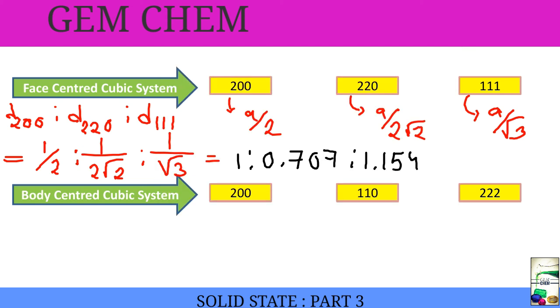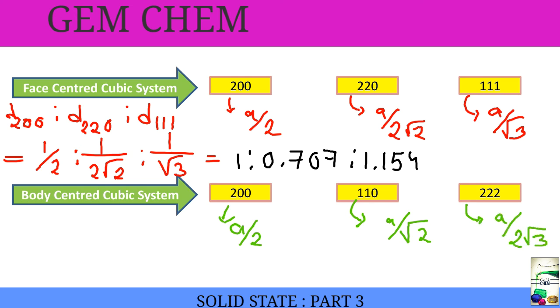Next we will do the body centered one. The planes are 2 0 0, 1 1 0 and 2 2 2. So the distance comes to be a by 2. For this it comes to be a by root 2, and for this one it is a by 2 root 3.